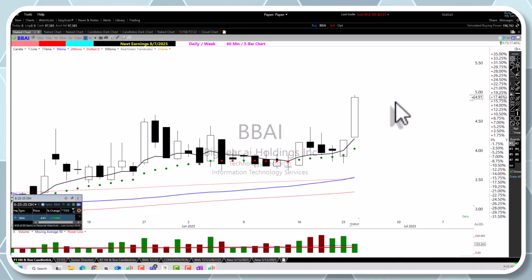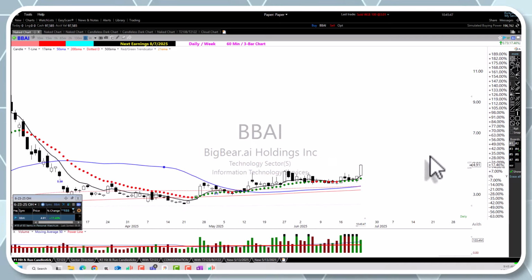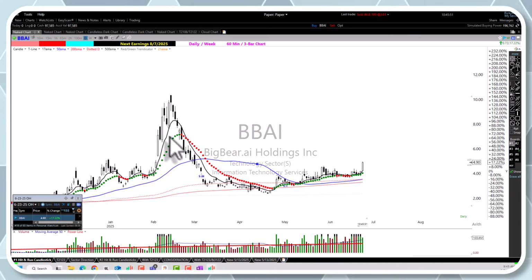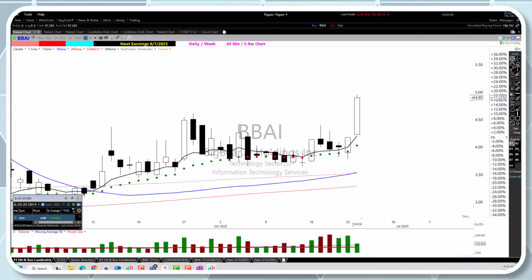Now, let's stop looking at this big old candle right here. And let's take a look at this chart. Popped up big time, took its time moving down, moving sideways with a slight tilt to the upside. Okay.